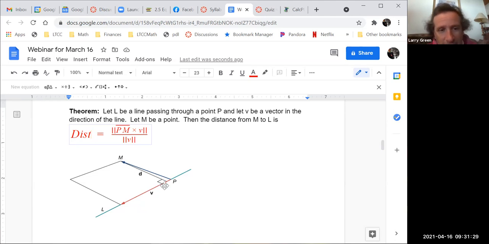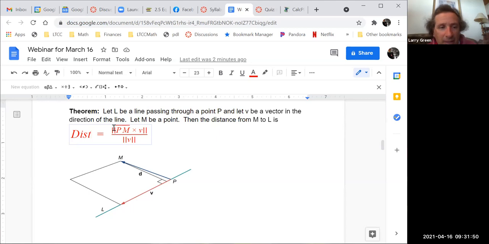Now the line is going to be a right angle across there. To find the distance, you draw the perpendicular distance, and that'll be the distance. If you don't draw that, but you drew M to P, you get a parallelogram.